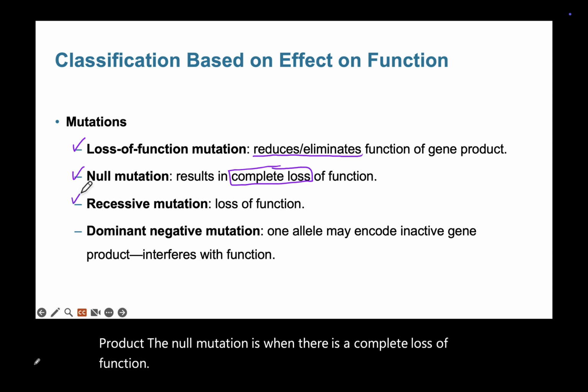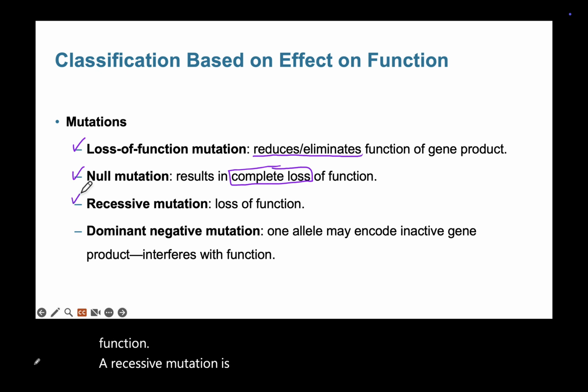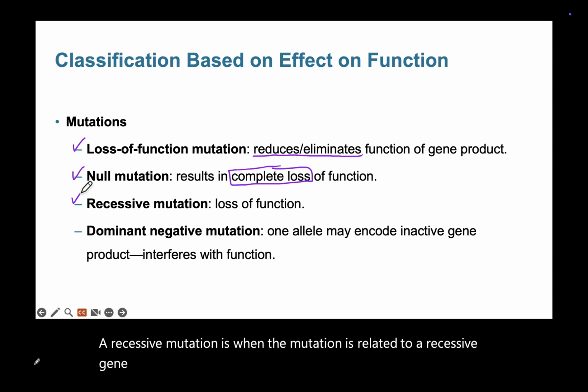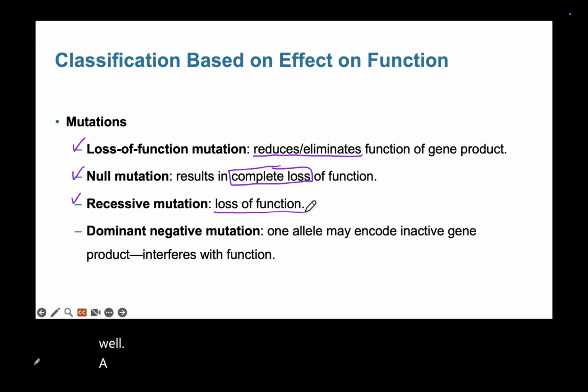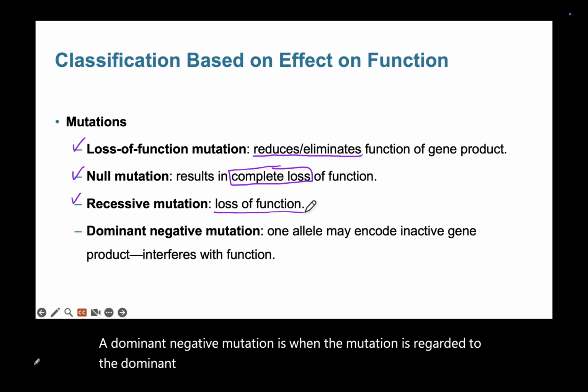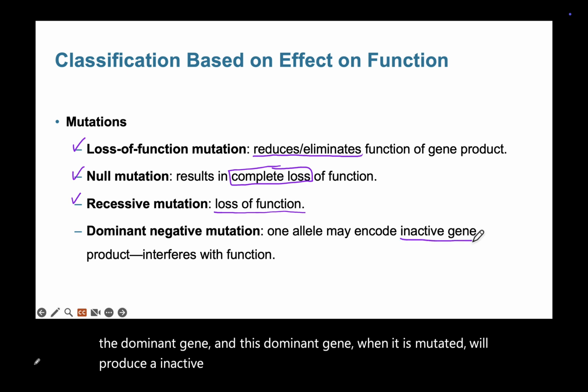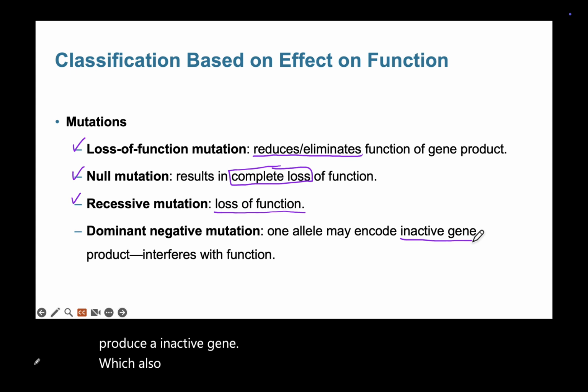A recessive mutation is when the mutation is related to a recessive gene, which most of the mutations will cause loss of function as well. A dominant negative mutation is when the mutation is regarded to the dominant gene. And this dominant gene, when it is mutated, will produce an inactive gene, which also changes the final protein, changing the final function.